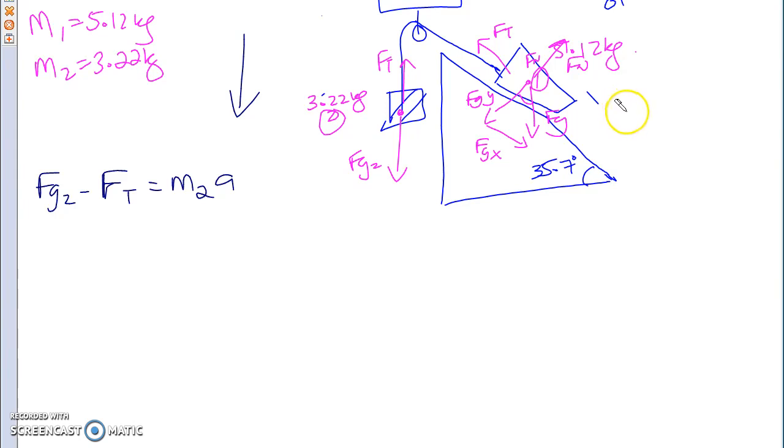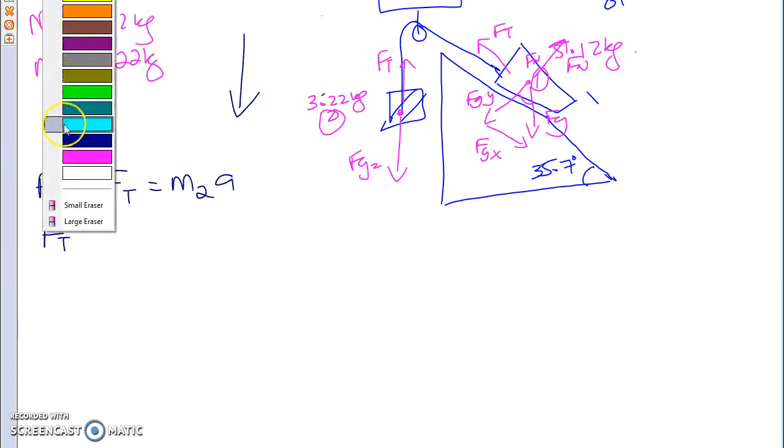That's correct, yes. The book is telling us that mass 2 is going down. Okay. All right, no problem. And in this situation, your FT is going to be pulling it upward.